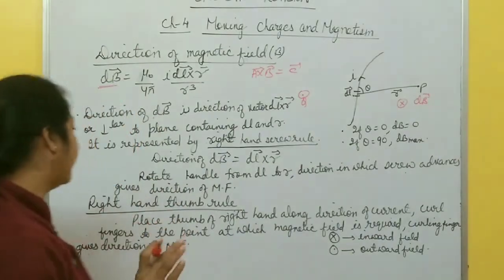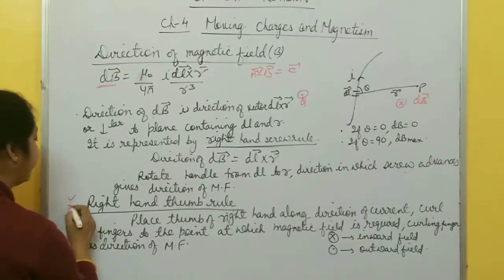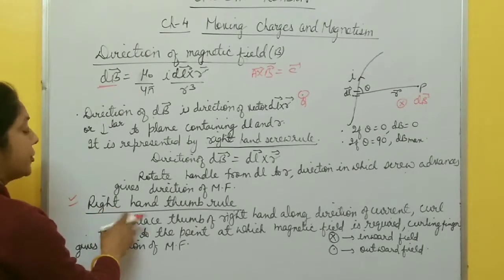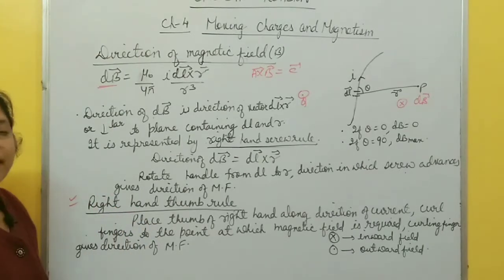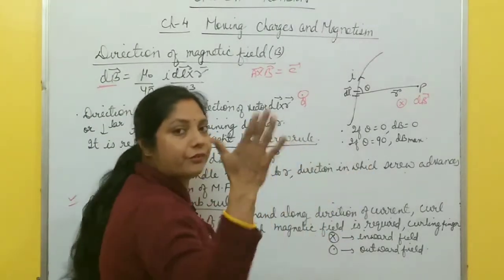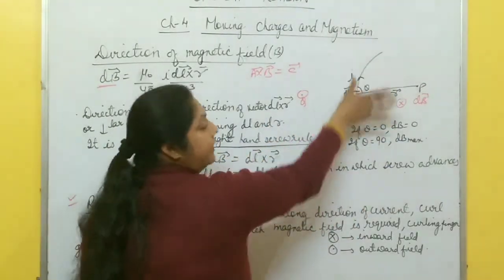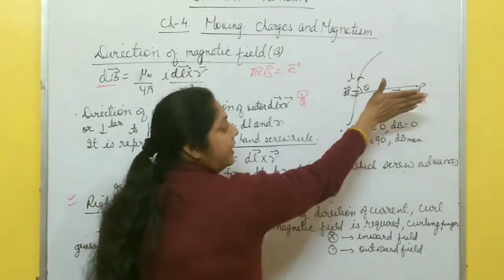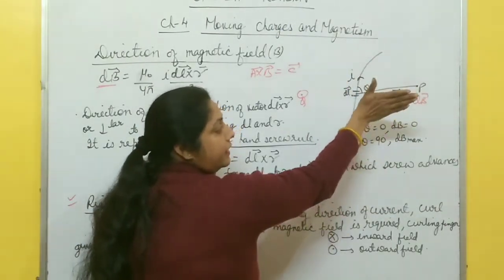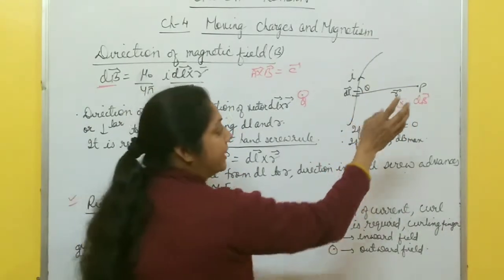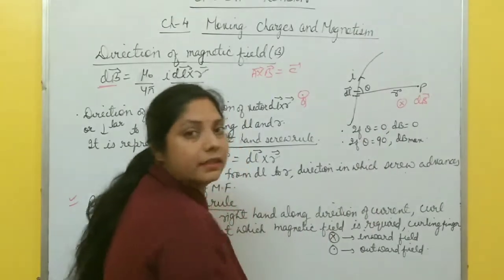Outward magnetic field perpendicular to this board or plane is represented by a dot, and inward magnetic field is represented by a cross, right? There is another rule, the right hand thumb rule. It's very simple and easy. According to this rule, place the thumb of your right hand in the direction of current and curl your fingers to the point at which the magnetic field is required. Here the fingers go inward, so the direction of the magnetic field at point P is inward.